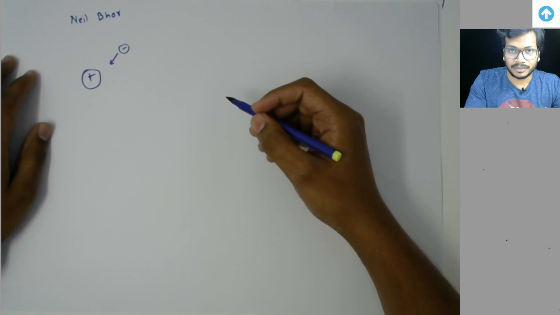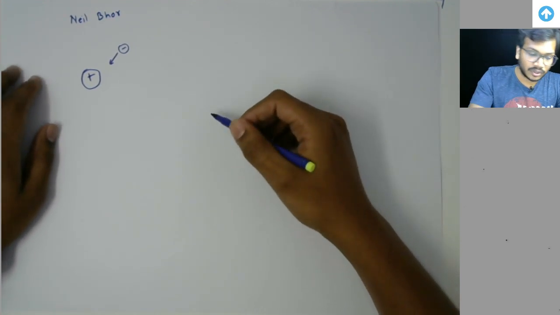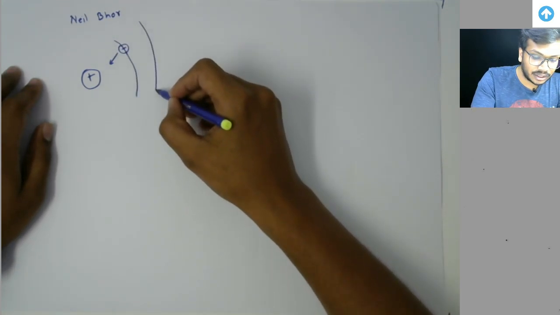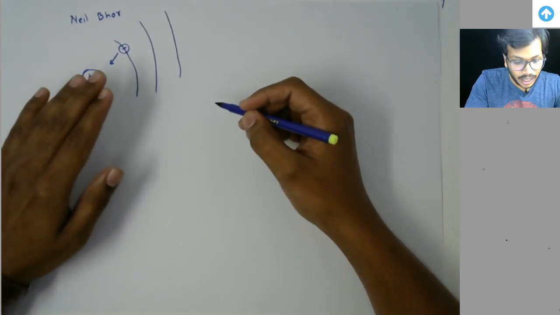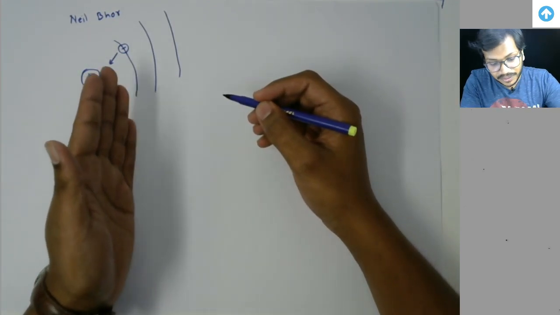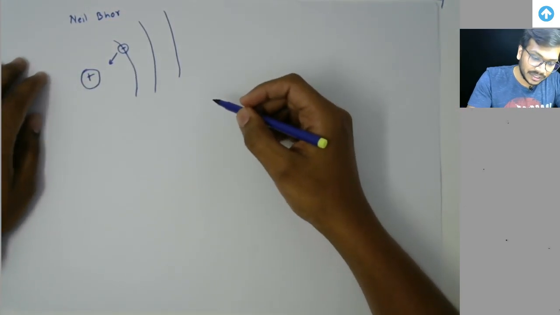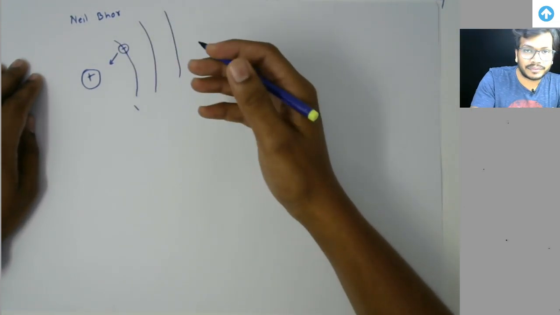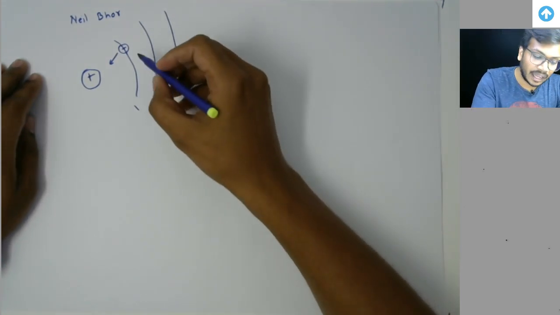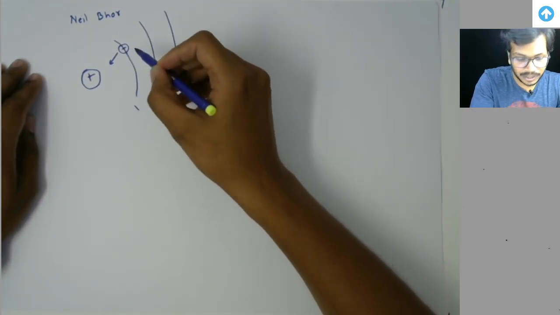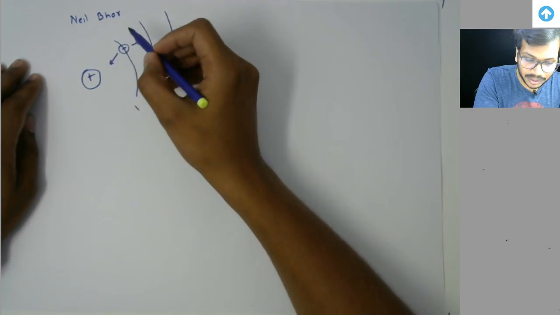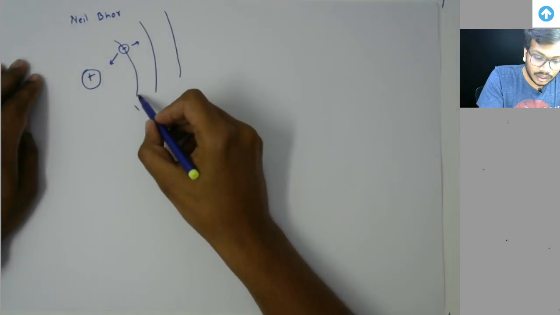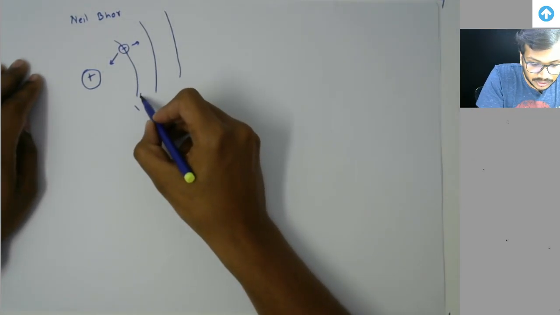But this doesn't happen. So what Niels Bohr did was, he told us that the negative charges revolve around the positive charge in set orbits, and these orbits have their own specific energy levels, which means that the electron revolving in this orbit, let's call it 1, will have some certain energy level, and if it has to move from this orbit, let's say it has to go to a higher orbit or a lower orbit, it will have to be given the exact energy that is the difference between these two levels.